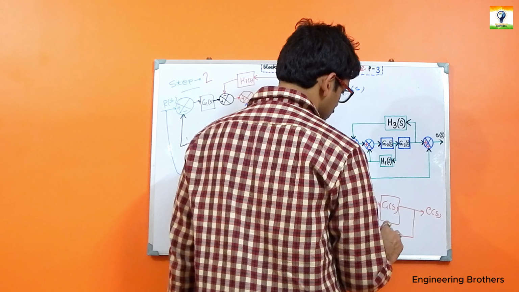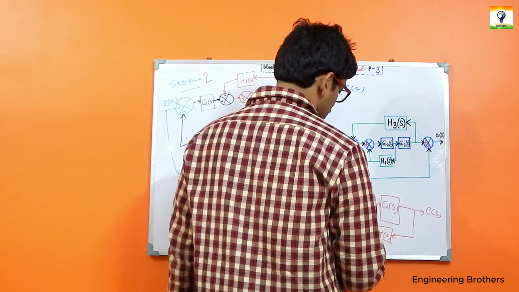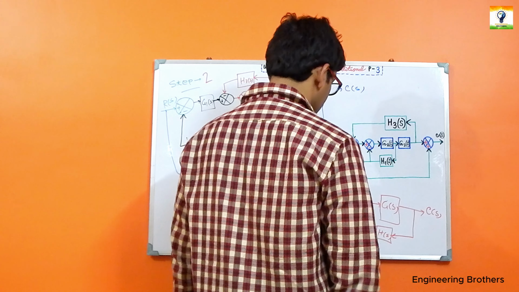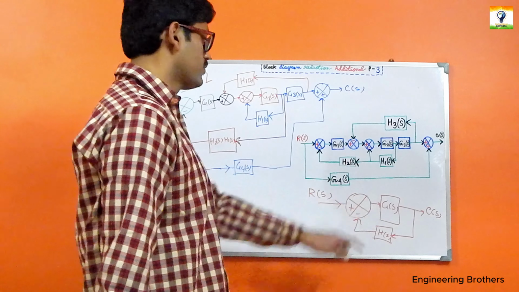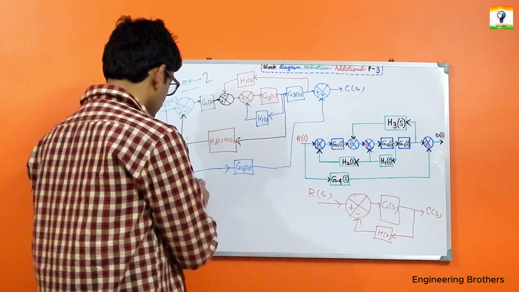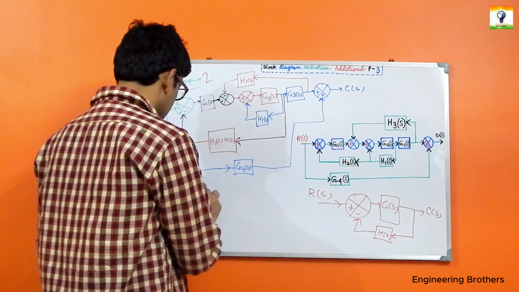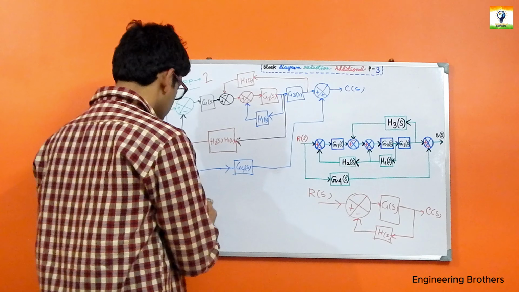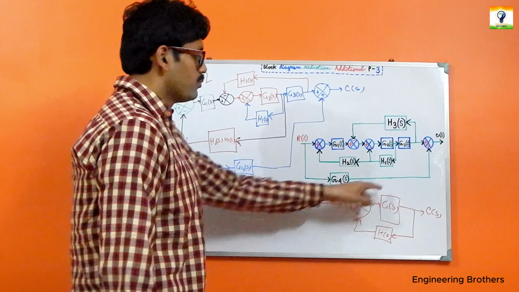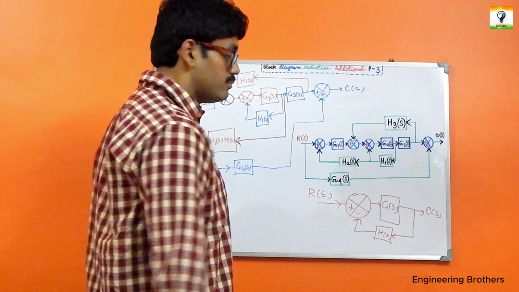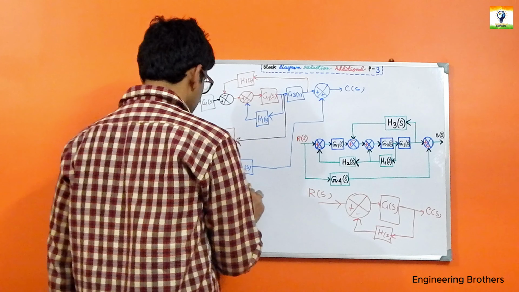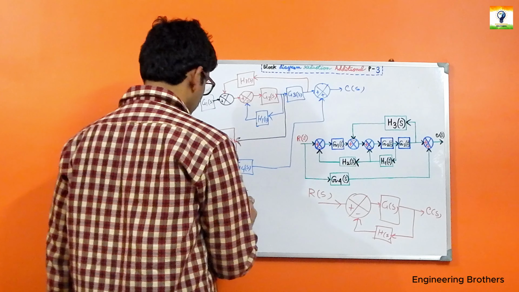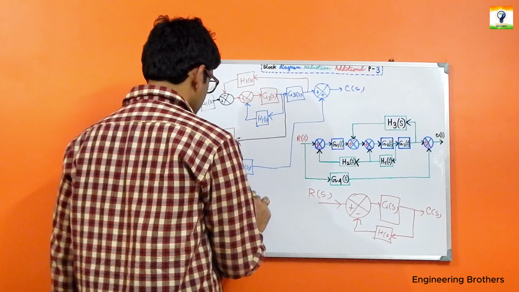Now what is the overall consideration for this part? The formulation seems to be our CS divided by RS, which is quite natural, output divided by input, for only this particular block. And for that one the formulation is GS divided by 1 plus GS HS.